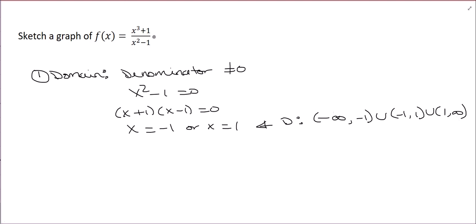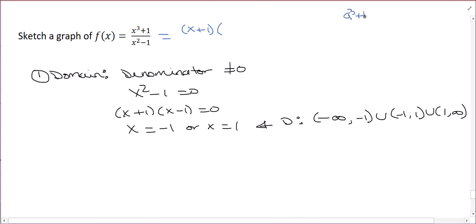Now notice that this function can be simplified. x cubed plus 1 can be factored using the sum of cubes. How does the formula go?